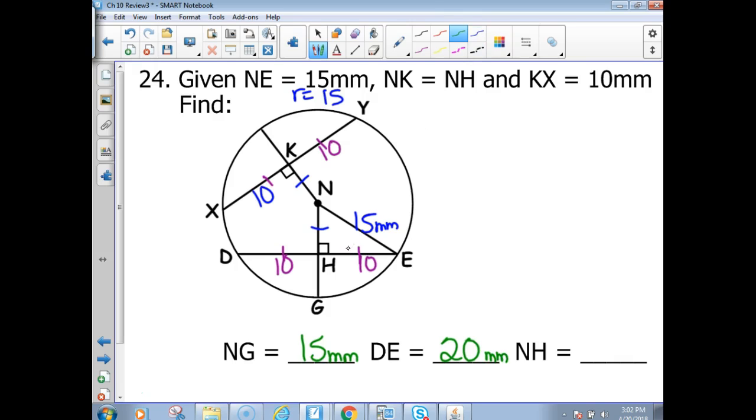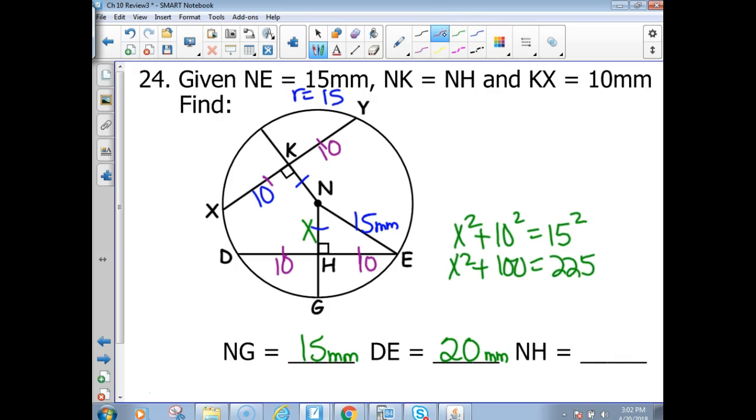And now it wants to find N to H, so I'm going to put an X there. And I'm going to do the Pythagorean theorem on that little triangle. X squared plus 10 squared equals hypotenuse squared. So I work this out. I subtract 100 from both sides.